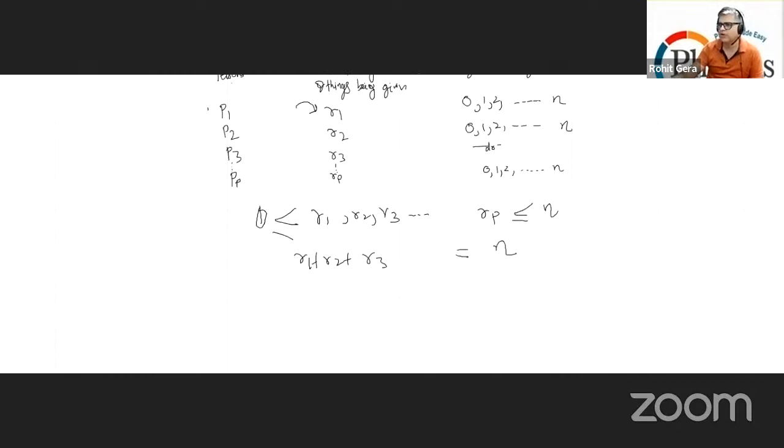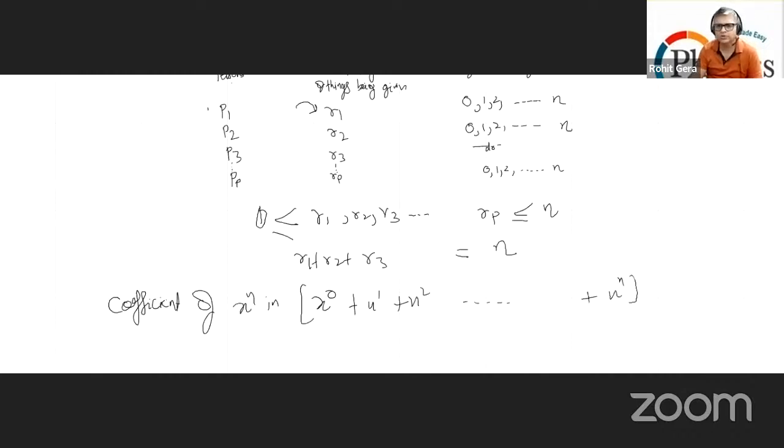So if you have the coefficient of x raised to power n in a series like this, x^0 plus x^1 plus x square till x raised to power n, into x^0 plus x^1 till x^n, and so on, p times.